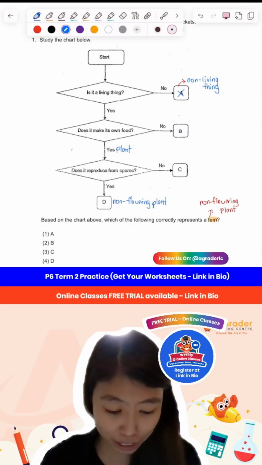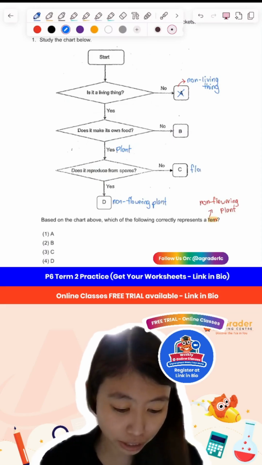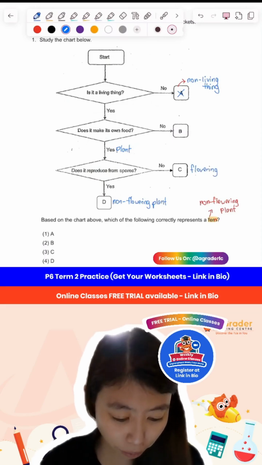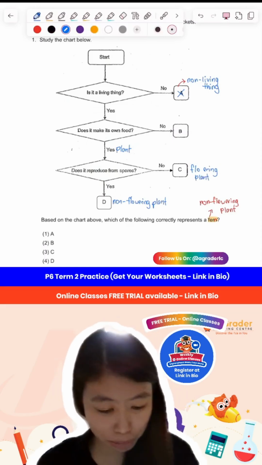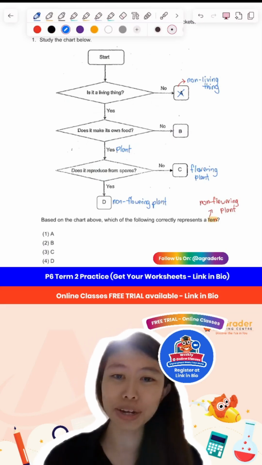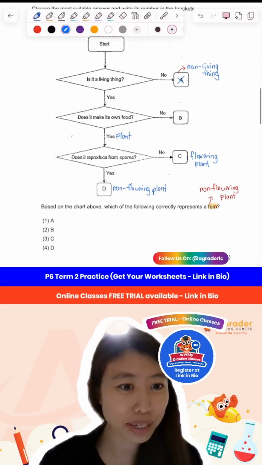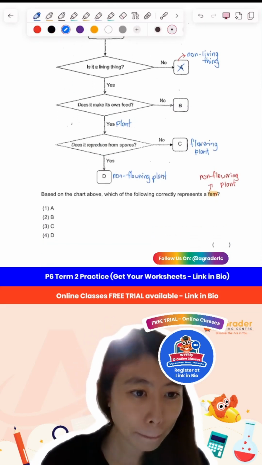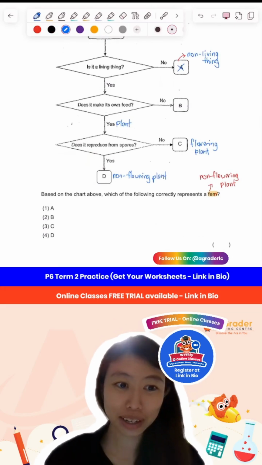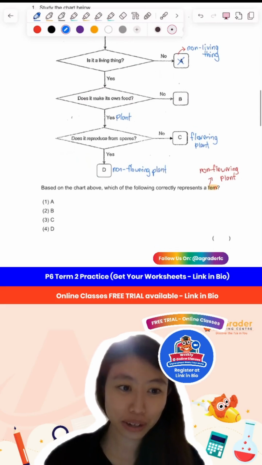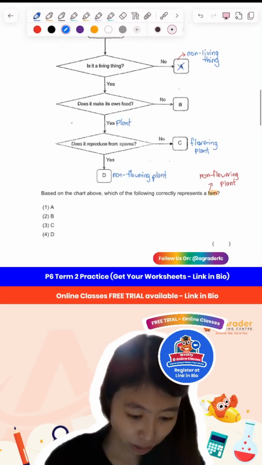Okay, so if it doesn't reproduce from spores, it means that it is a flowering plant. Very good. Most of you can still remember your P3 stuff. So what's the answer?